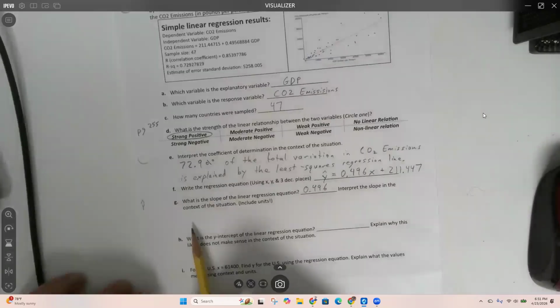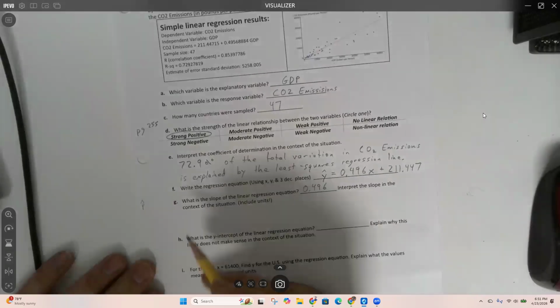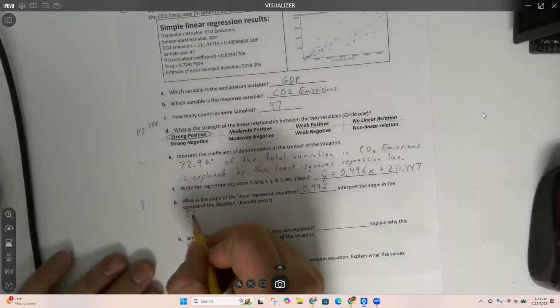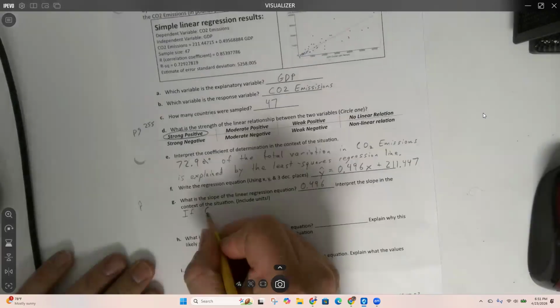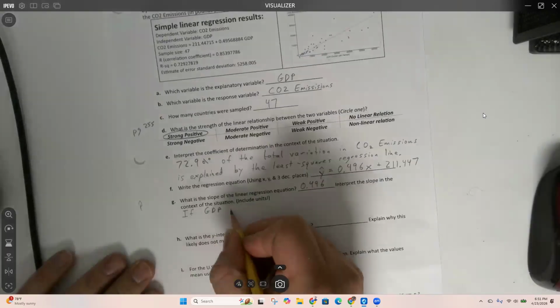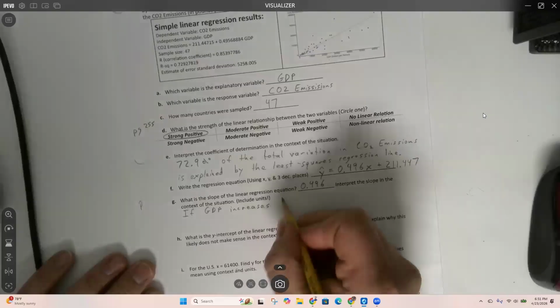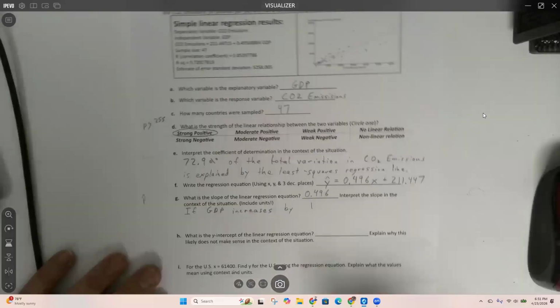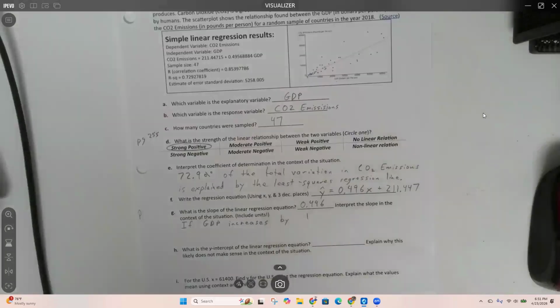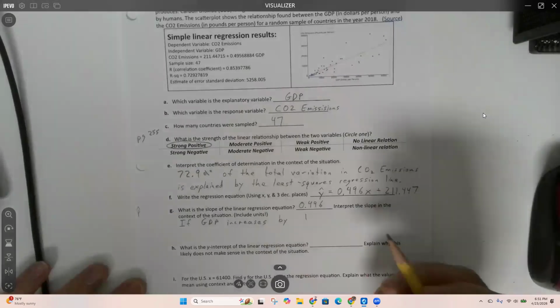Interpret the slope. That's in the middle on page 255. It goes, if x, which is GDP, increases by one unit, one x unit, what is the unit here? $1? Almost. There's a little more to it.